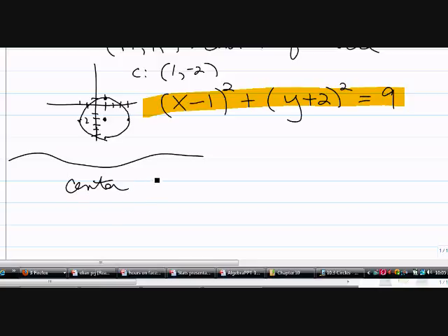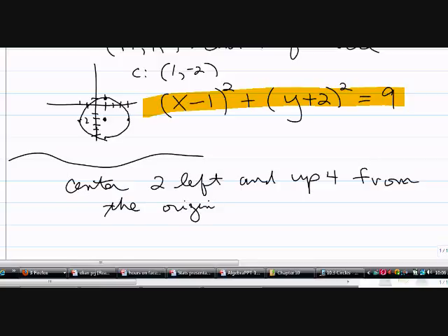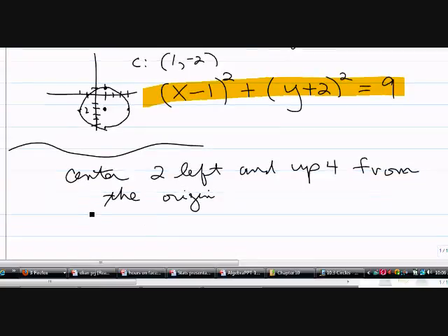If I want to move the center, let's go 2 left and up 4 from the origin. Then let me think of what that looks like, and you don't have to make sketches, but I will.